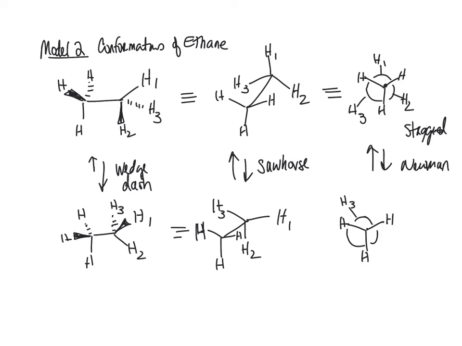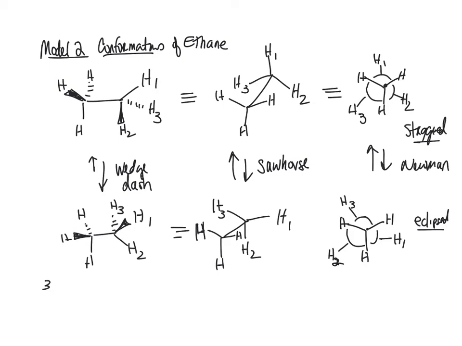And we need to be able to draw compounds using all 3 of these types of drawings, just like we did for the condensed formulas and the skeletal drawings. Okay, so this is a way to see conformation. Conformation is basically free rotation around the single bond.